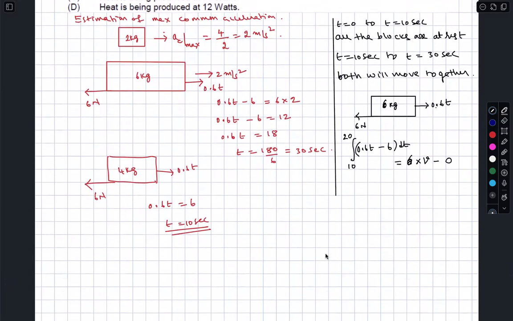Now, this allows you to identify V. No, I think I've done 30 seconds. I've written only 30 seconds.